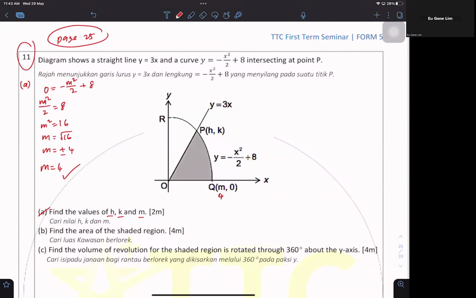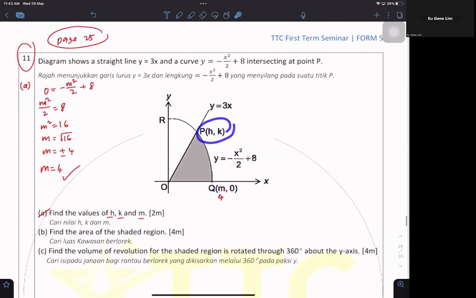Okay, then next, how should we find h and k? What should we do? Okay, this point hk is actually the intersection point of the straight line and the curve.